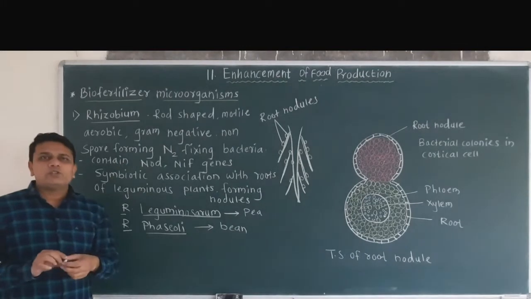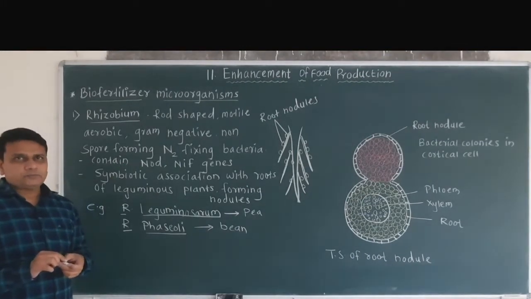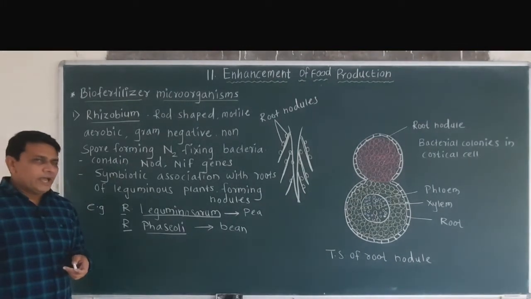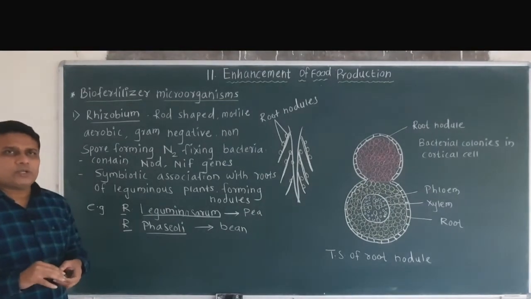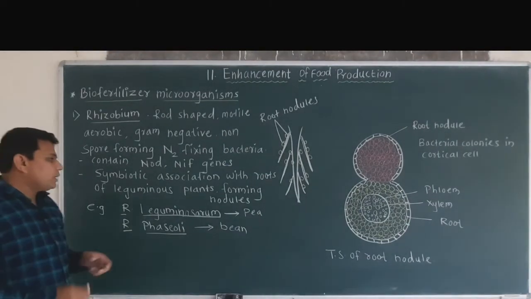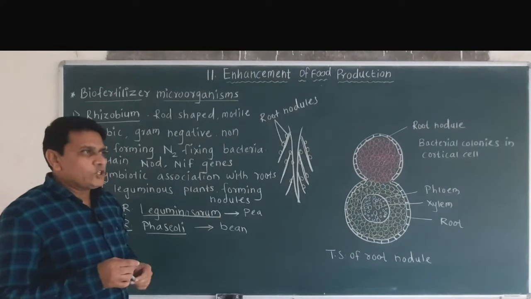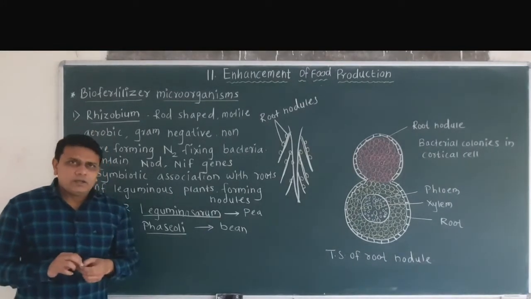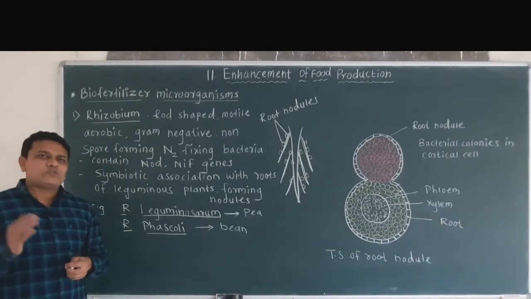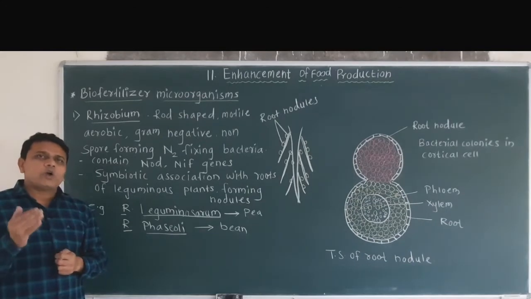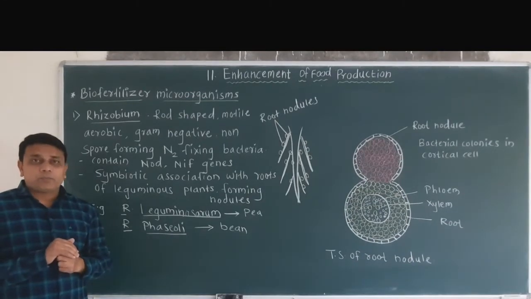So these rhizobium bacteria carry out the process of nitrogen fixation. Then rhizobium bacteria form a symbiotic association with the roots of leguminous plants.